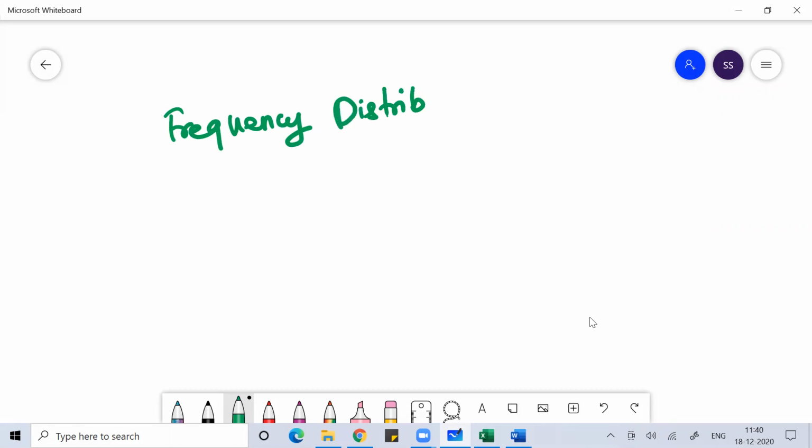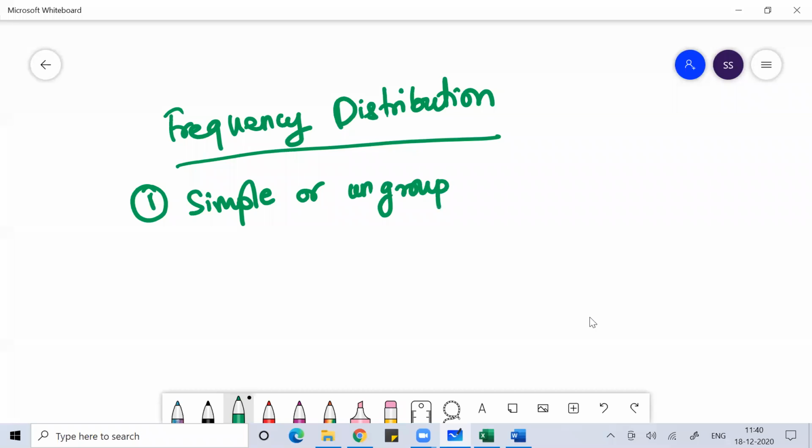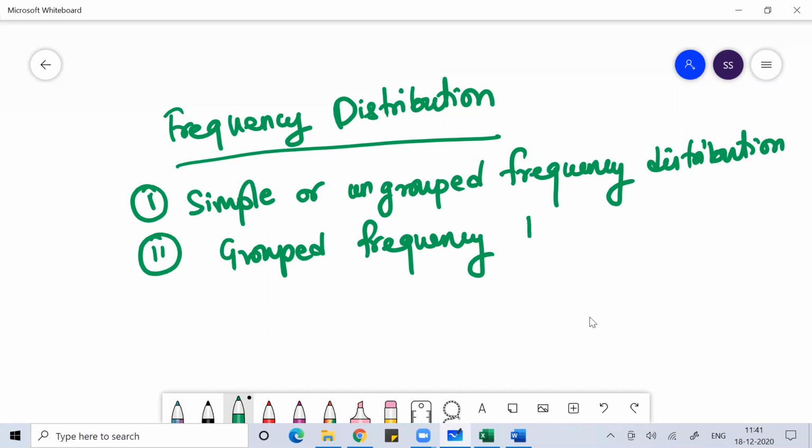When we talk about frequency distribution, we can talk in the form of simple or ungrouped frequency distribution, or in the form of grouped frequency distribution.